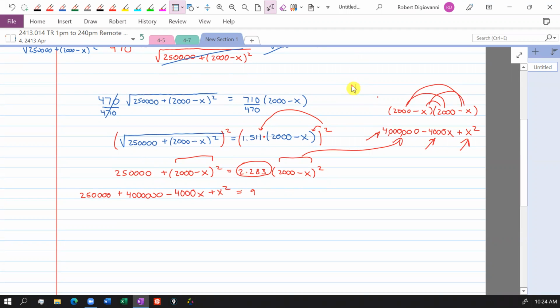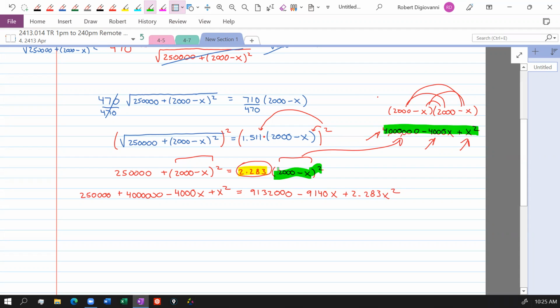Okay, and then I do the 2.283 times 4,000. So I get negative 9,140x. Let me just double check that 4 million again. Wasn't sure if I typed, yeah, I did type that in right. And I have to distribute it to the x squared. So I'm just going to get plus 2.283x squared. Okay. So hopefully you understand. I took this 2.283 and I distributed it through to this because that's what this thing is.